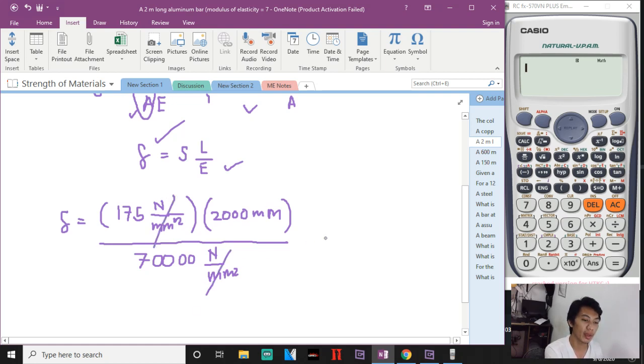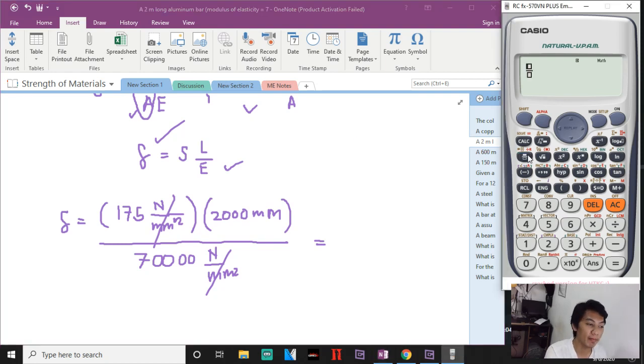Okay? And we will arrive with mm. So, let us calculate. 175. This is very basic calculation lang. Okay? All you have to memorize is the formula. Kaya, madali siyang i-solve. Okay? Ganun lang naman sa machine design. Mahirap dito kapag wala kang formula. So, now, the deformation due to the stress is 5 mm.